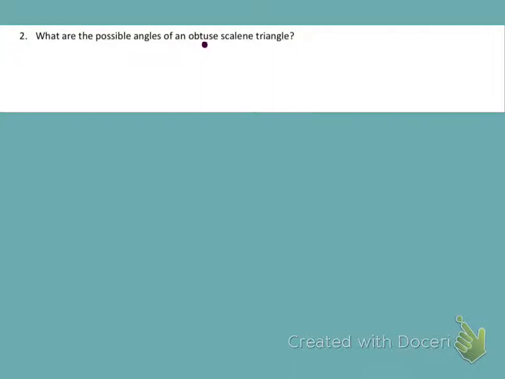Obtuse means an angle greater than 90 degrees. Or I should say, not angles, but one angle.